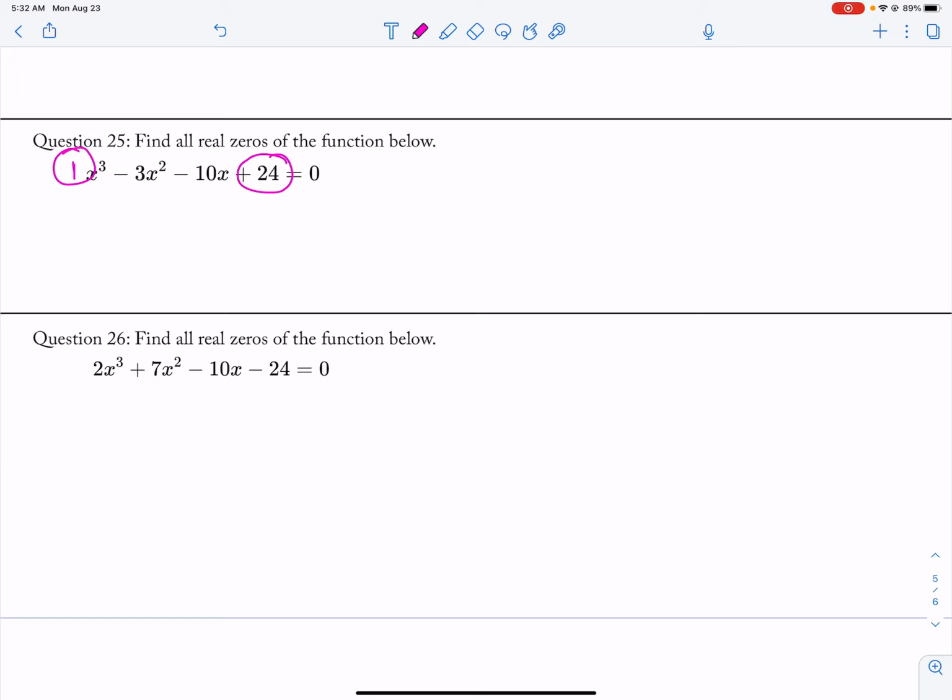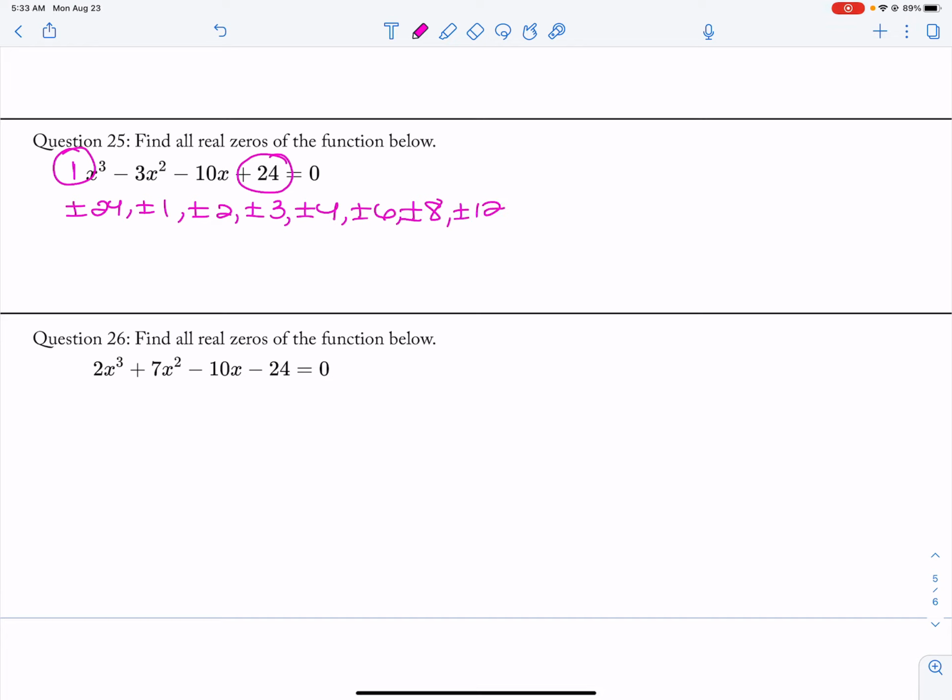So I'm going to get plus or minus 24, plus or minus 1, plus or minus 2, plus or minus 3, plus or minus 4, plus or minus 6, plus or minus 8. I think that's all of them. Oh, plus or minus 12.